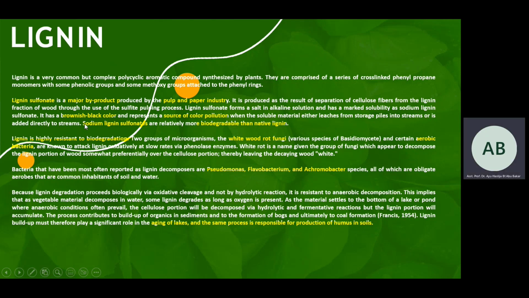Okay, here as mentioned, sodium lignin sulfonate is relatively more biodegradable than the native lignin. So native lignin is a recalcitrant molecule. But if it is converted into sodium lignin sulfonate, it will be easier to degrade. So to degrade the native lignin, what do you require?